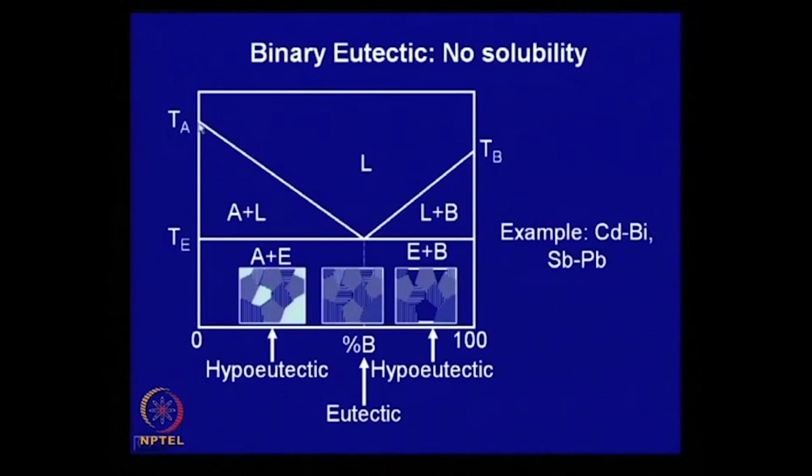It is also possible to plot the liquidus lines, and we will look at one such example of calculating this type of phase diagram. In fact, we have seen one such example in the case of the isomorphous system, where both liquid and solid are assumed to obey Raoult's law, that means both liquid and solid are assumed to be ideal solutions.